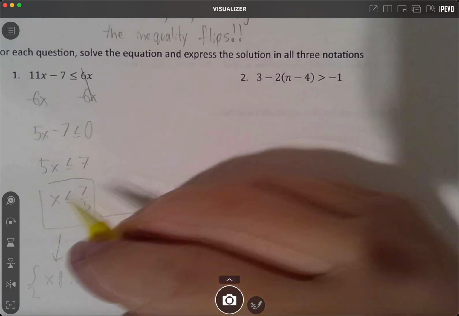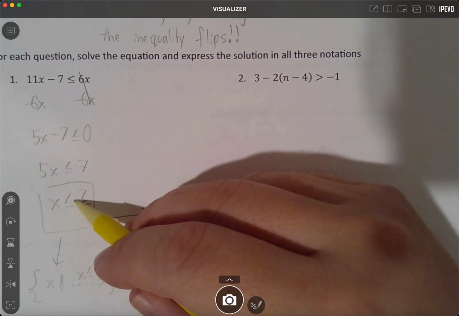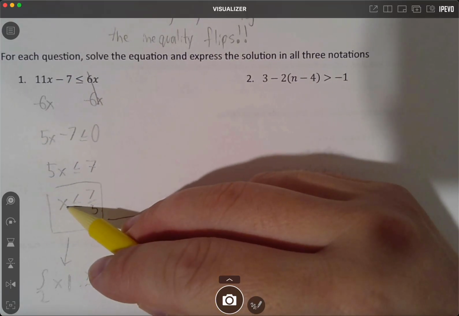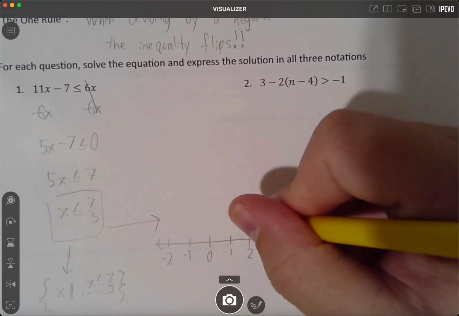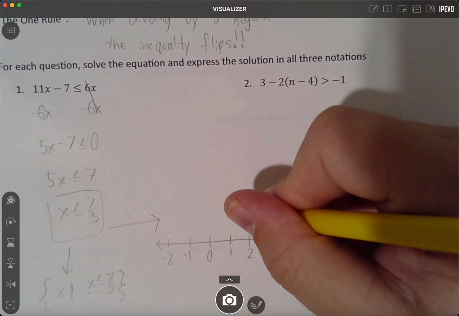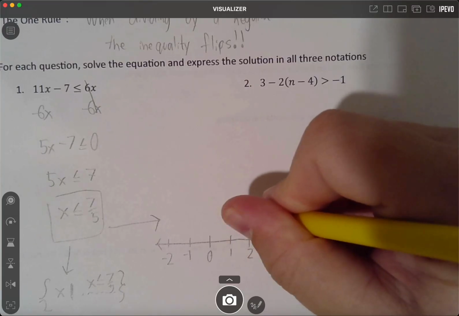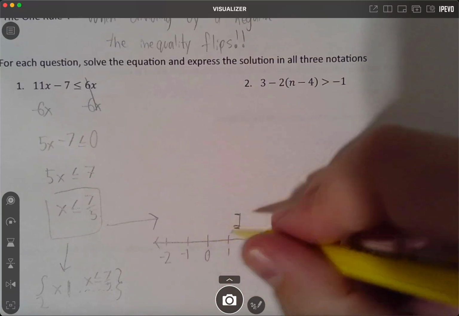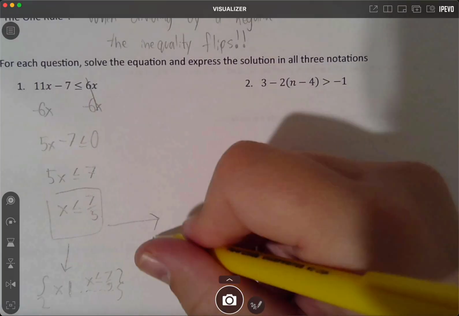Now, x can be less than or equal to 7/5, again, because the alligator's mouth is going away from the x. So x can be less than 7/5, and or equal to, so that means hard bracket, the square brackets are pointing towards the left, and then we draw an arrow to finish it off. There's my graph.